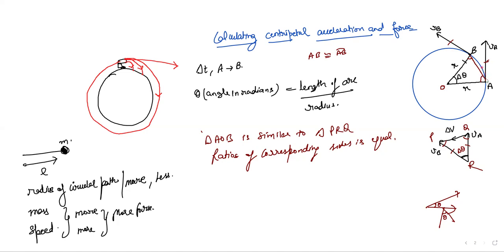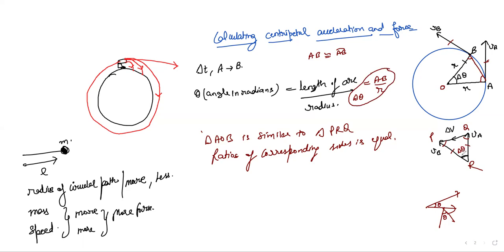If I measure the length of this curve AB or this straight line AB, they are nearly the same. So theta is the length of arc by radius, but since they are nearly the same, can we write delta theta equal to AB upon R?